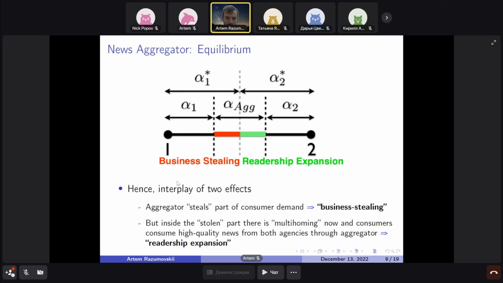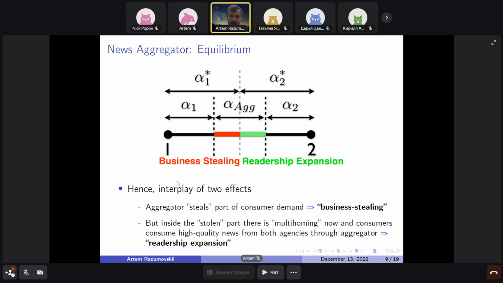So firstly, for an agency, it will be good or bad if the aggregator comes, depending on these two effects. If business stealing prevails over readership expansion, then for the agency it's bad that the aggregator enters the market.